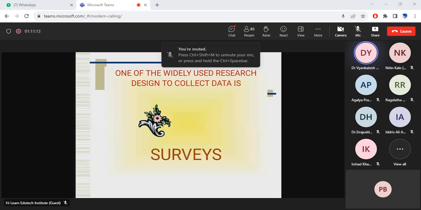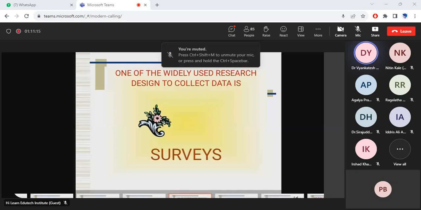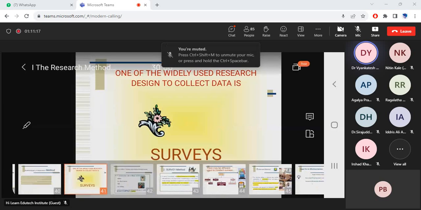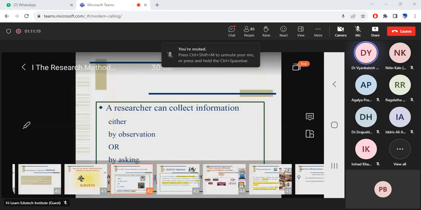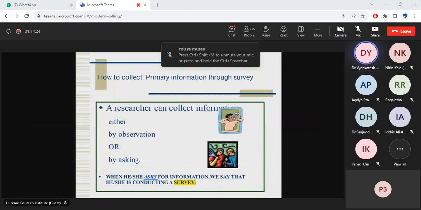A researcher can collect the information either by observation or by asking, and is conducting a survey. So the primary information by the survey, and how the information has been gathered by the surveyor in the particular field.